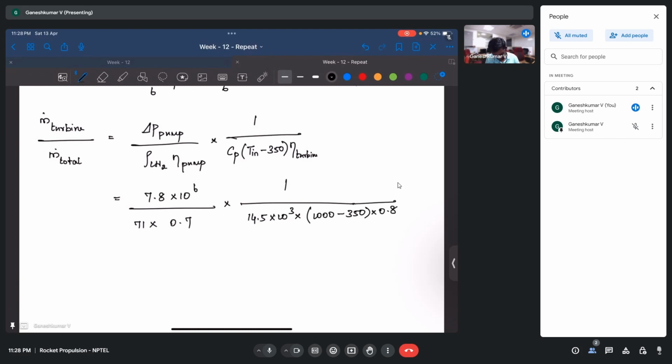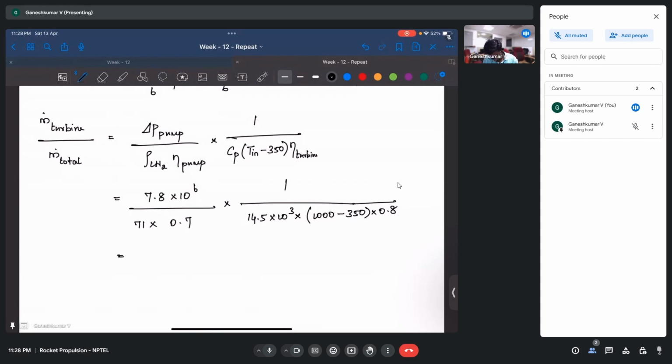Now if you find out the fraction, it's going to be 7.8 into 10 power 6 divided by 71, divided by 0.7, divided by 14.5 into 10 power 3, divided by 650, divided by 0.8.